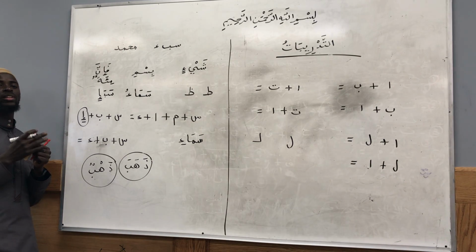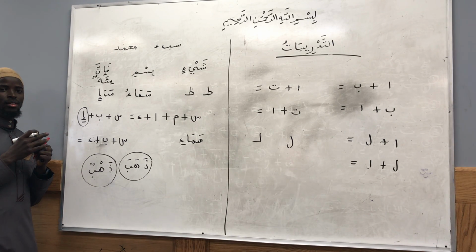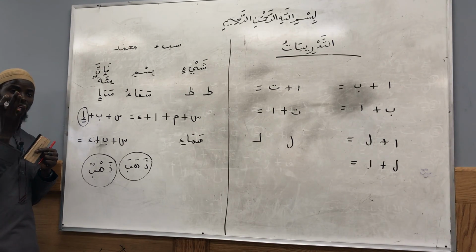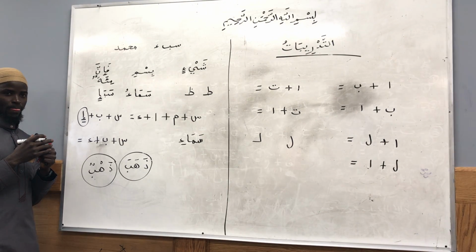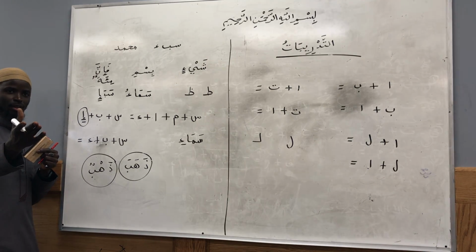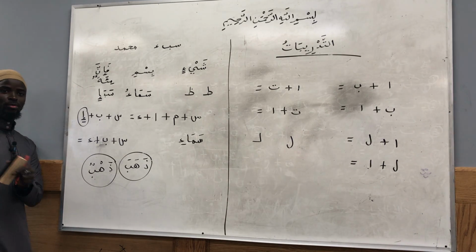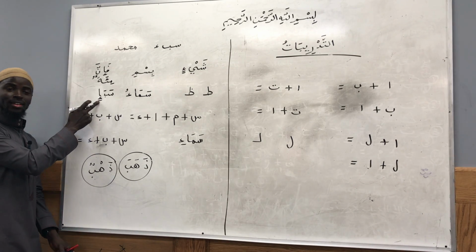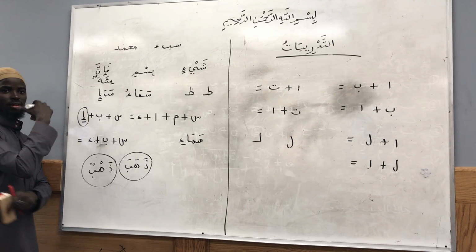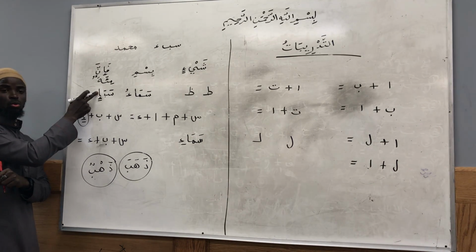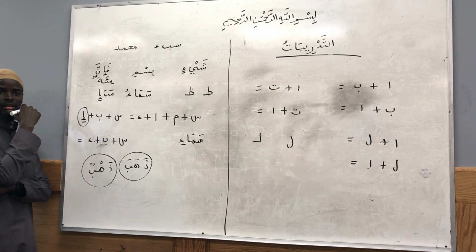Why didn't you say hamza kesra? Because hamza is on its own by himself. But this one here, this hamza is not by himself. This hamza is connected to this line here.